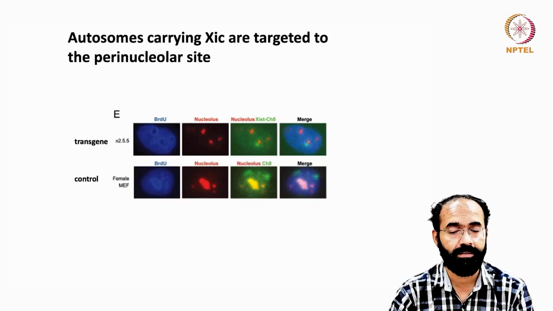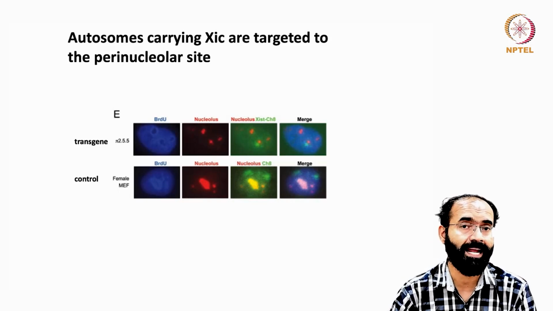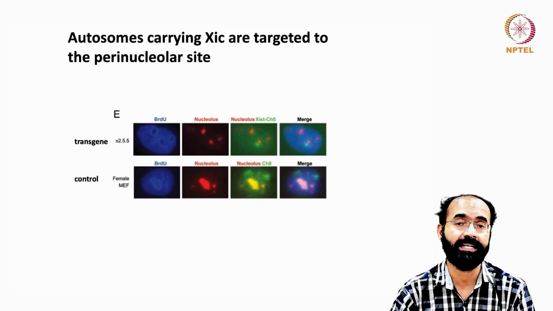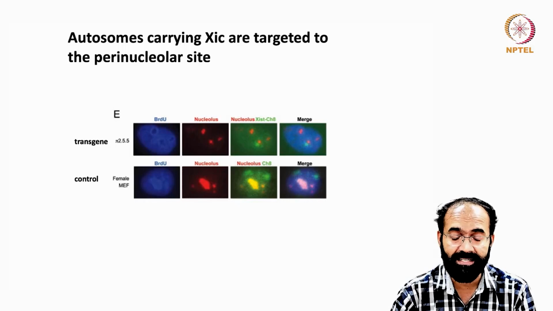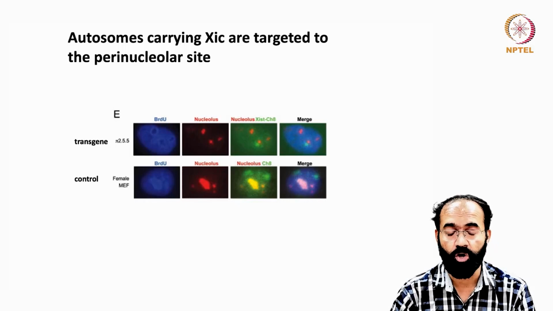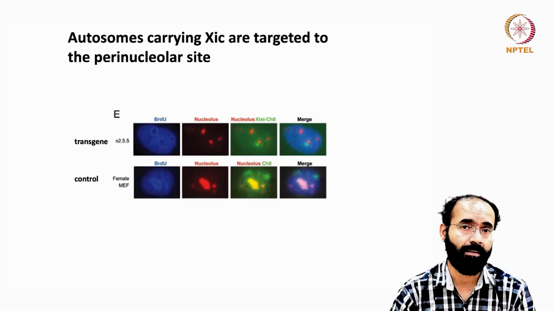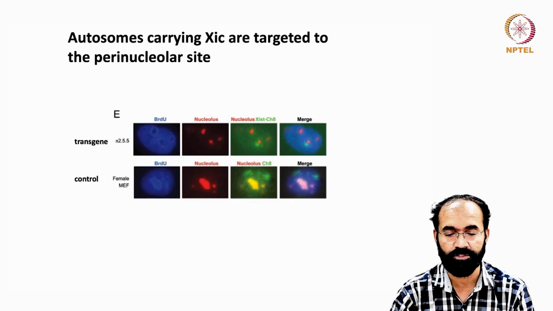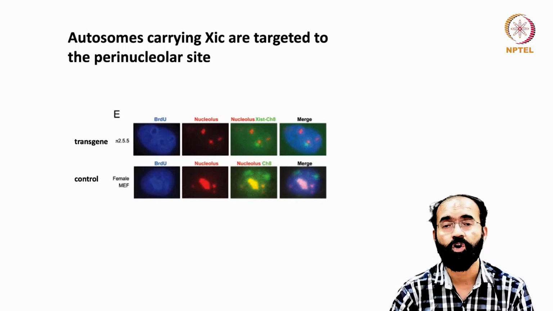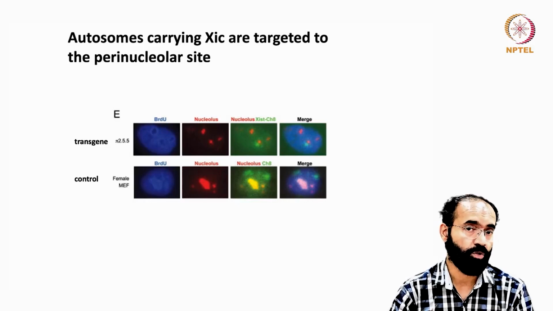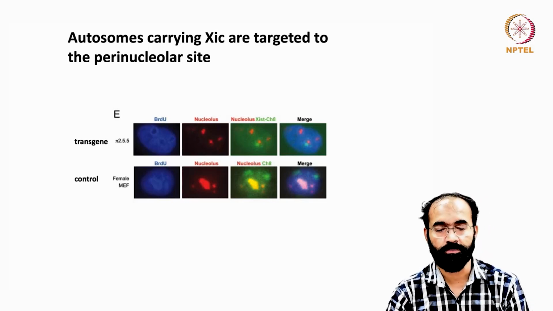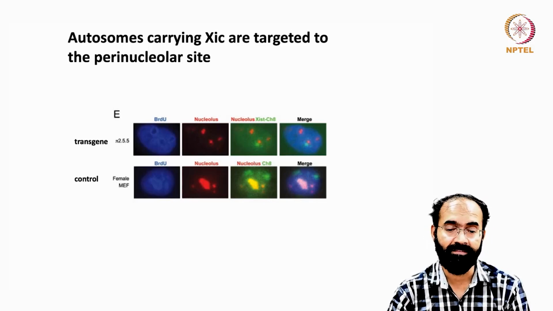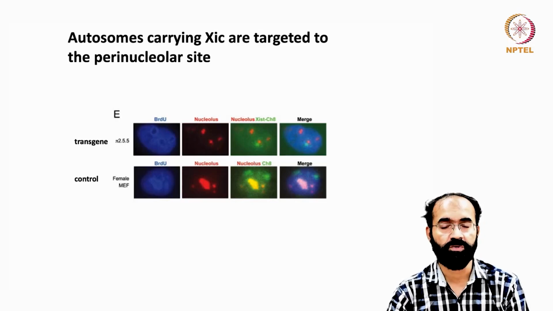Remember, in this control, chromosome number 8 is not tagged with the X-inactivation center, hence it doesn't have the X-inactivation specific transcript, but it has a marker for chromosome number 8, some other gene expressed specifically on chromosome number 8. So what you should understand is that chromosome number 8 does not have an affinity for the nucleolus, but the moment you put the X-inactivation center in chromosome number 8, its affinity goes closer to the nucleolus.